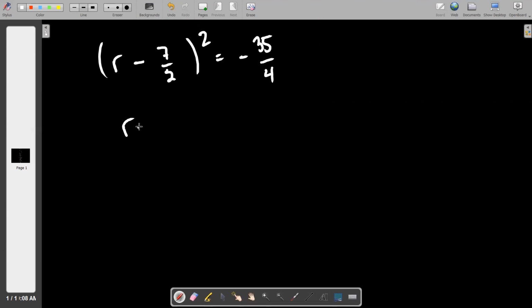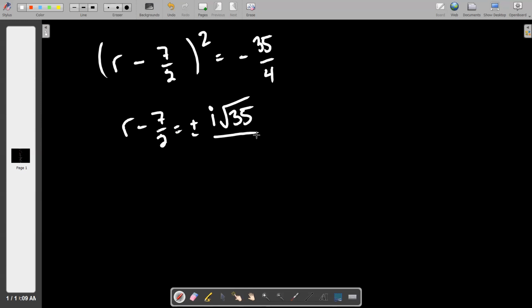And on the left, we get r minus 7/2 equals, without thinking, we write positive negative. You don't go back like, oh, I forgot that. You just do it. And then you don't have to ever say, I forgot it. What's the square root on top of negative 35? Good for you. Yes, i root 35.